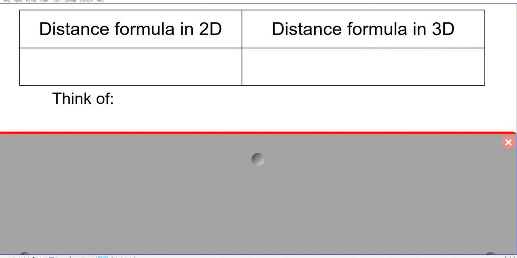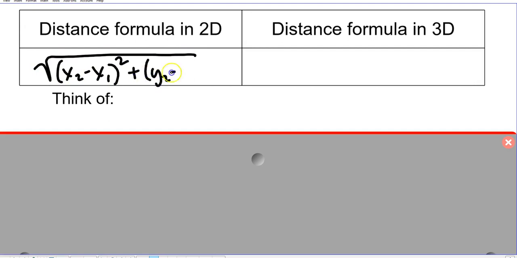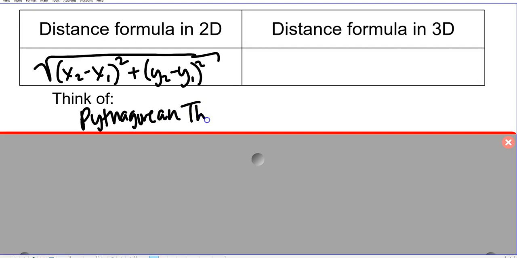Okay, so for distance formula in 2D, we take the square root and we subtract our two x values and square them, plus take the difference in our y values and square those, right? Basically, this is just Pythagorean theorem. Formalized, essentially. That's your distance formula.